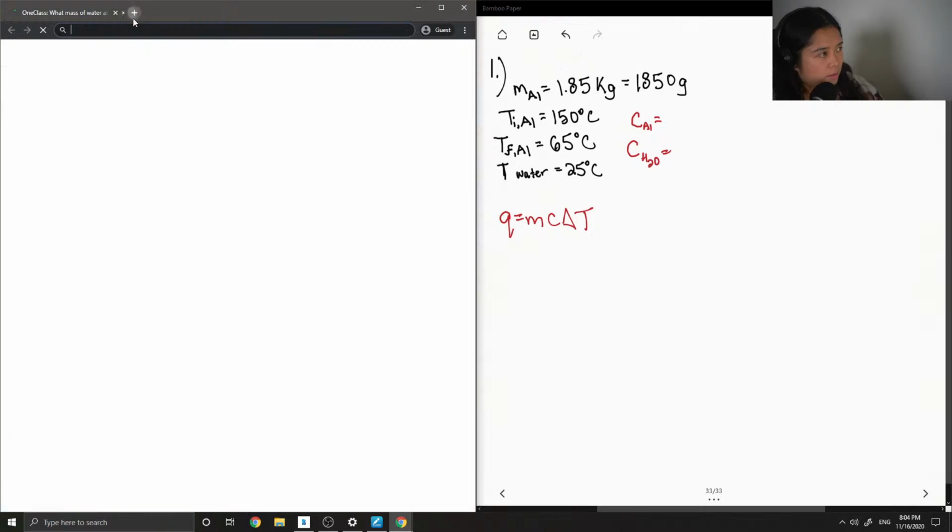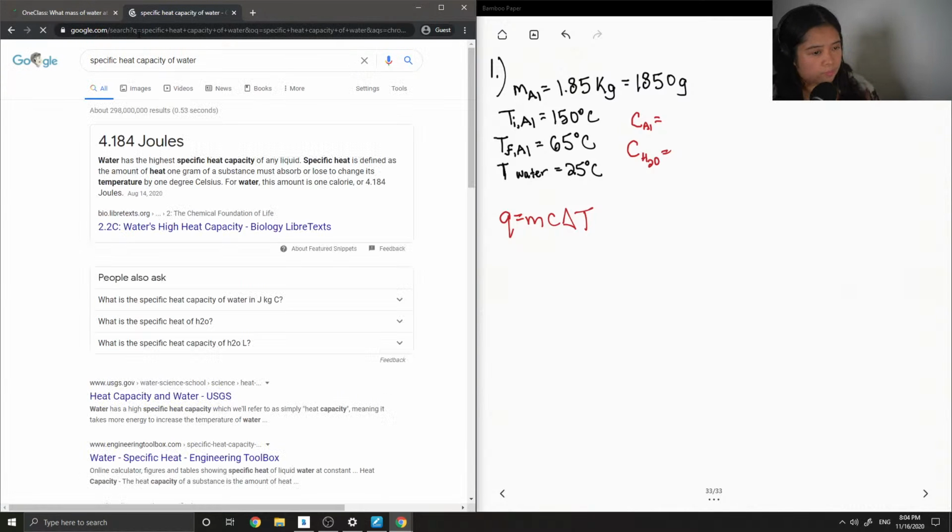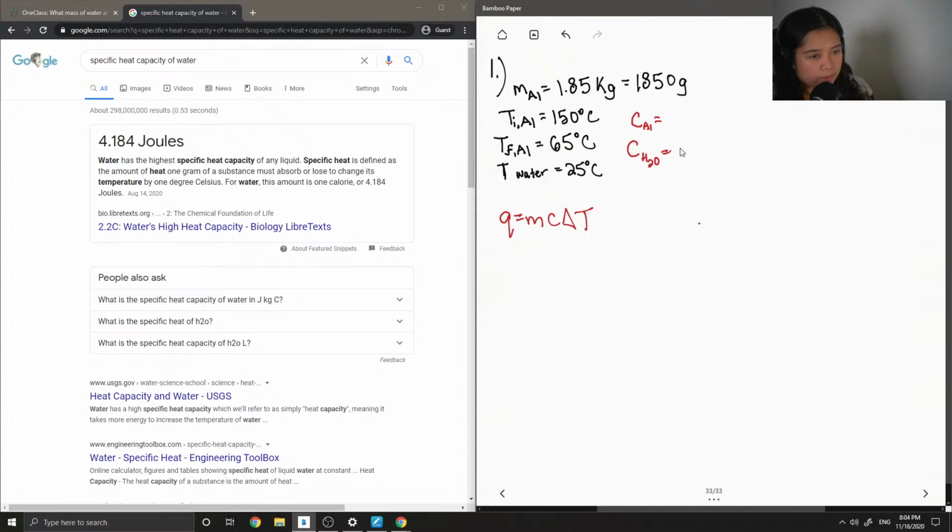Okay, so I'll look up the specific heat capacity first of water. So usually this is given to you in the question. So for water, it is 4.184, and the units are joules per gram times degrees Celsius.